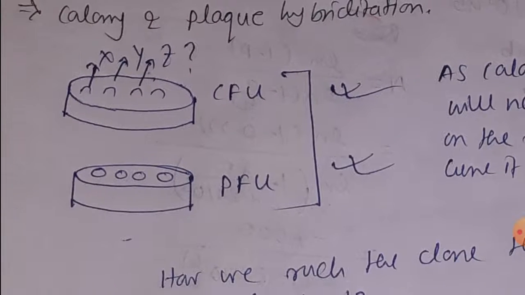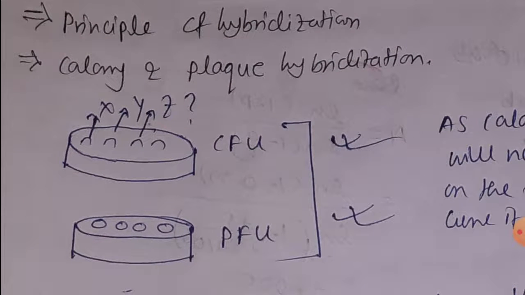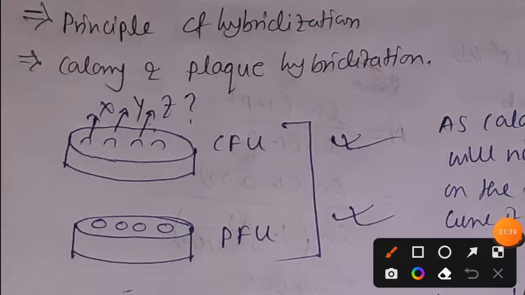Now I want to mention two important things. If we are using any kind of phage vector for cloning purposes, then we will get plaques, and if we are using a simple plasmid vector, or a BAC vector or any kind of YAC vector, where there is no infection or lysis of the cell, we will get colonies.